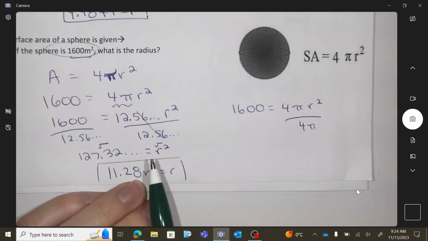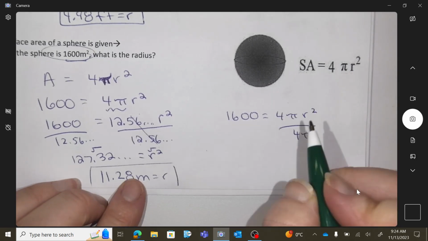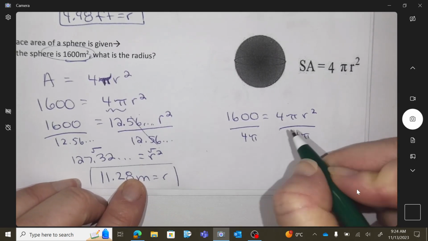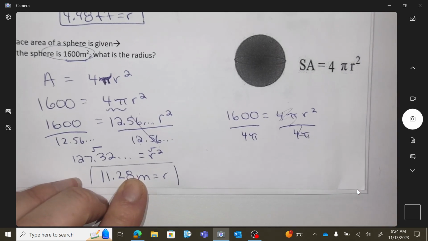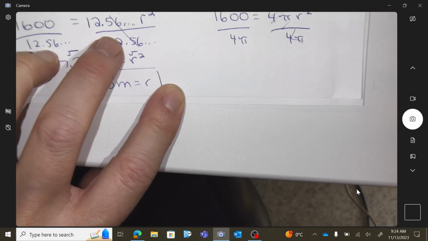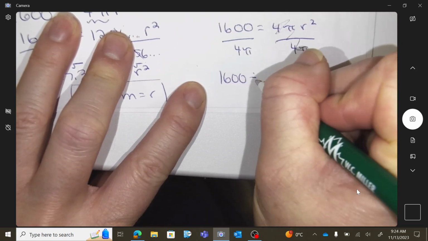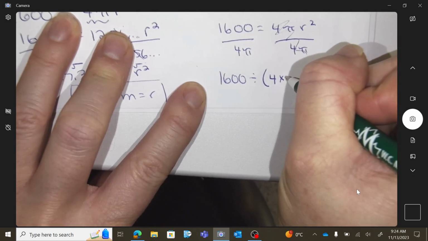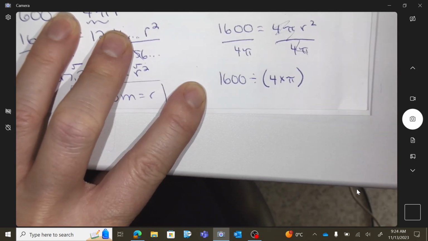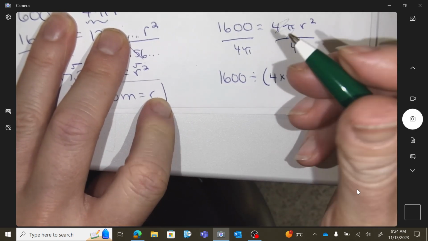Which is what we had done right here, but we just called 4 pi 12.56. Here's the thing though. You just have to understand if you're typing this into your calculator that there has to be brackets on that.